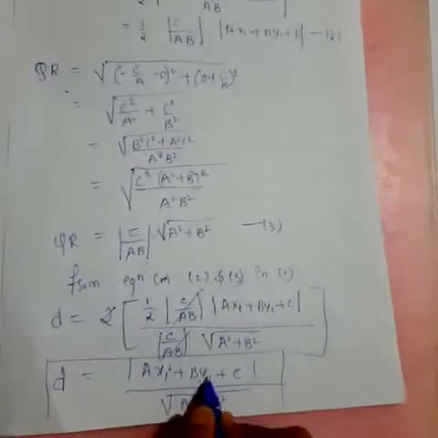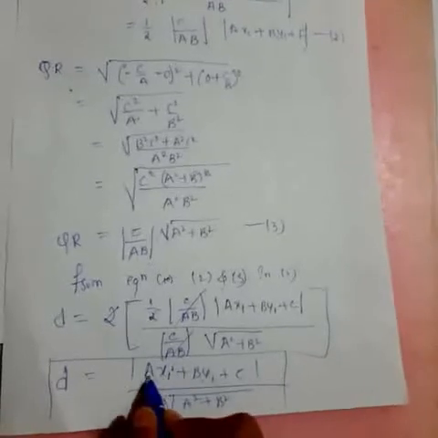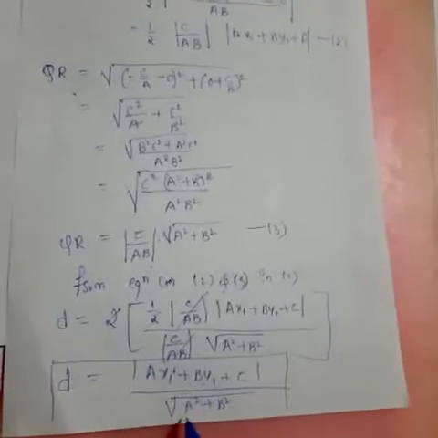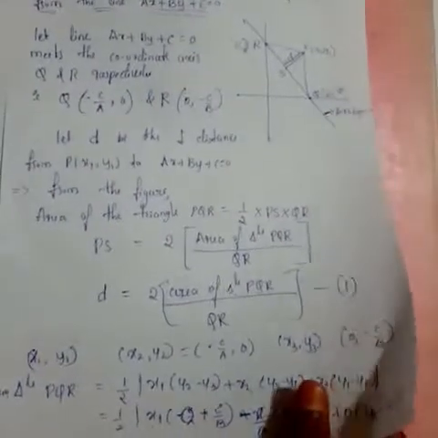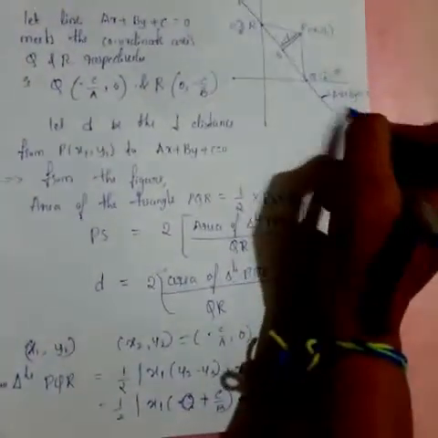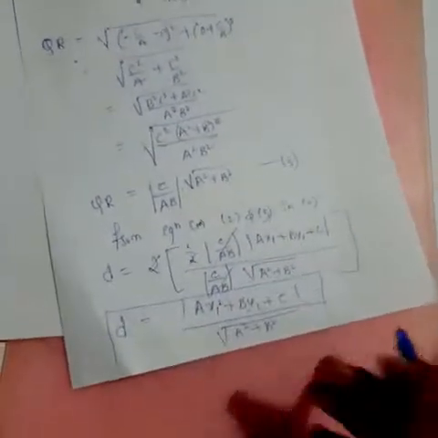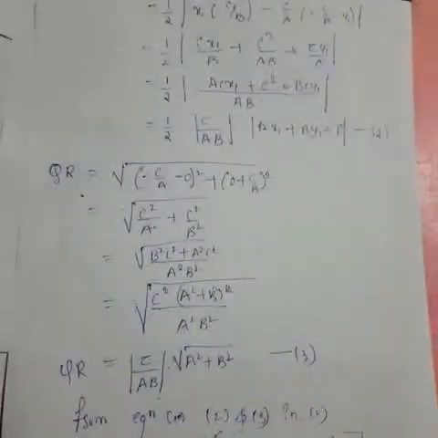We have to put that given point in this equation, then divided by the square root of the sum of squares of the coefficient of x and coefficient of y, where capital A and B are nothing but what? Look at the general equation, the given things. Okay, this is the main formula.